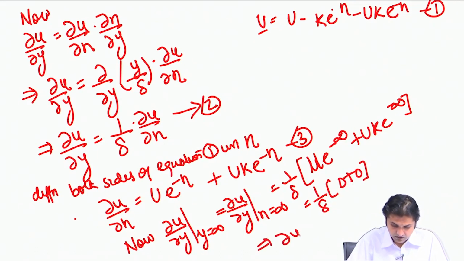Thus, del u by del y at y equal to infinity is 0.